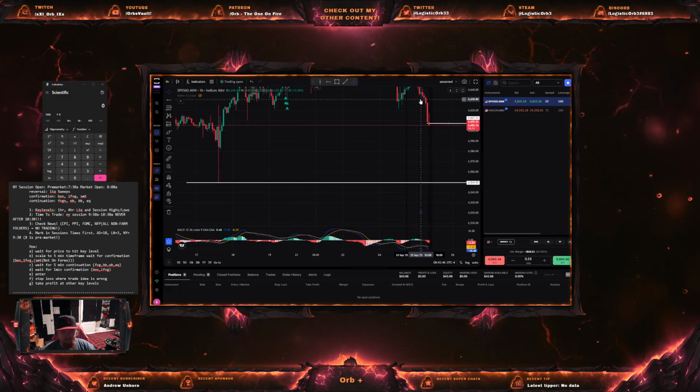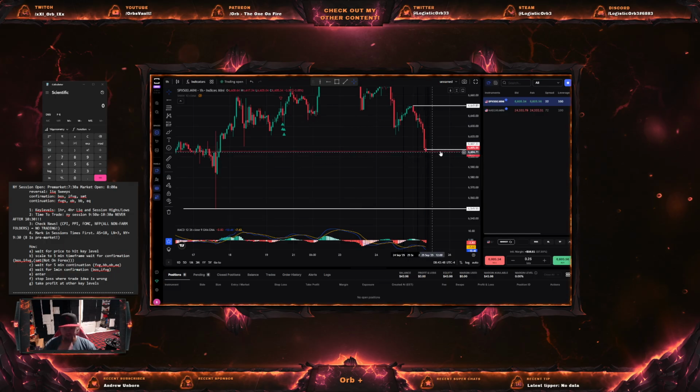But assuming the market wants to continue on down, the next likeliest spot would be right here, this low. Super strong drawn liquidity, super strong area of imbalance. We had very low volume though, and that's what's deterring me from saying it's targeting this.